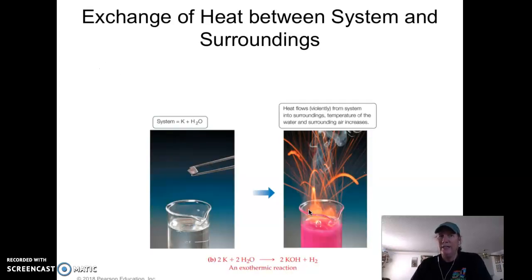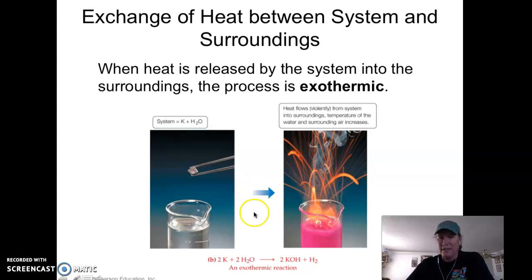And here is an exothermic. This is a fun one. Potassium is a crazy reactive metal. You drop it in water and look what happens. It goes like fireworks. You can put a piece of potassium on an ice cube and the ice cube will burn. That's how reactive it is. But anyway, this is an exothermic reaction because if you measure the temperature of this, it's much hotter.